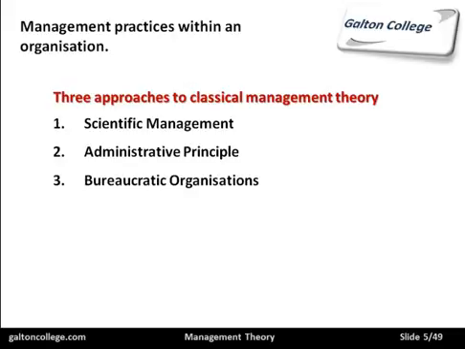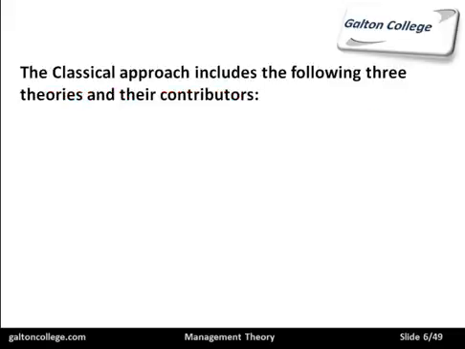They are separate, but there are three parts, early parts to management theory, really. And we'll just skim over these in the coming few slides to give you some appreciation of what they're about. So it has the following three theories, and we will look at those in turn.